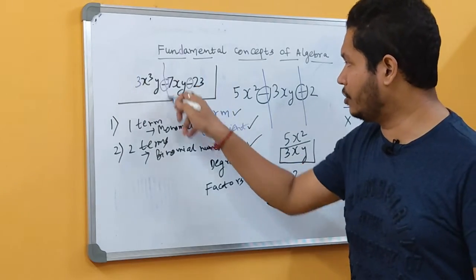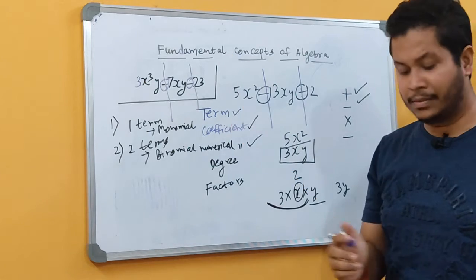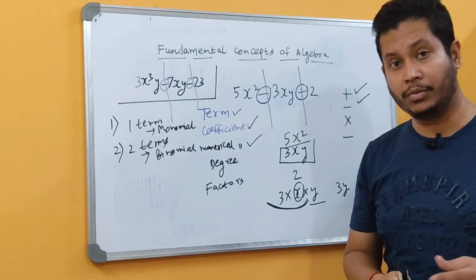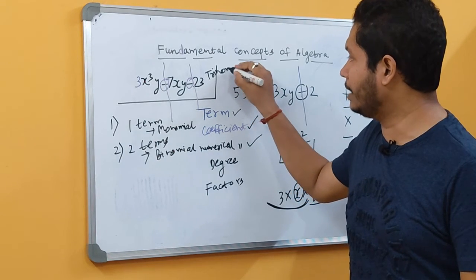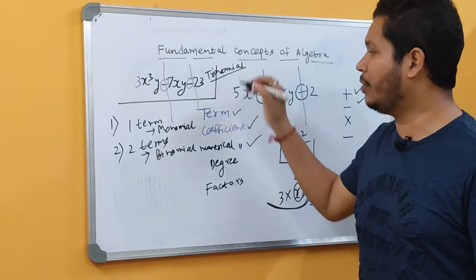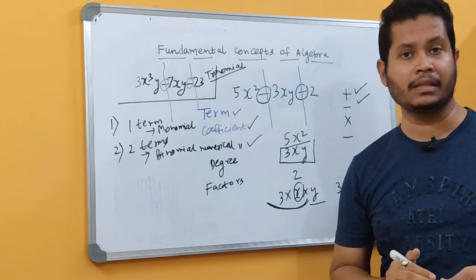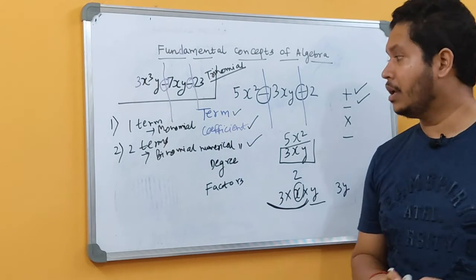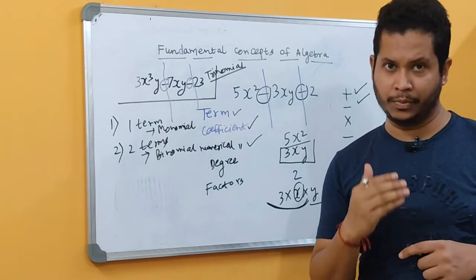These 2 will divide the entire expression into 3 parts. So that means we have 3 terms. So what type of polynomial is it? It is a trinomial, because there are 3 terms. And that is how we decide how many terms there are and what type of polynomial is given to us. Okay, now I guess the concepts that we have discussed till now are pretty clear to all of you.